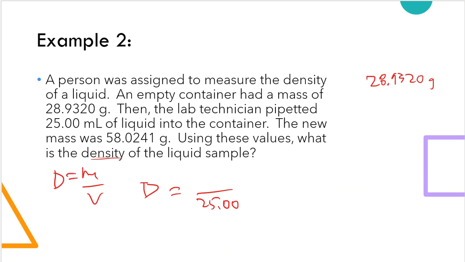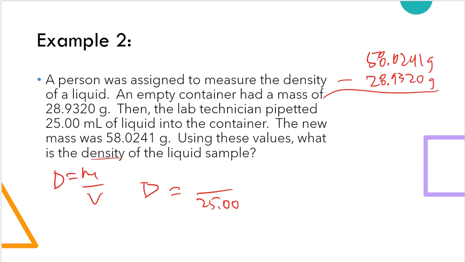So an empty container started off at 28.9320. And then once I poured that 25 mils in, I took a new mass. And that new mass of a graduated cylinder plus my stuff is 58.0241 gram. So what this means is that I'm going to have to take the difference between these two, right?